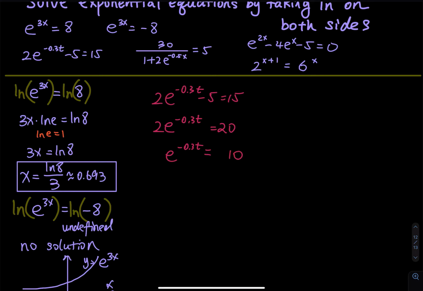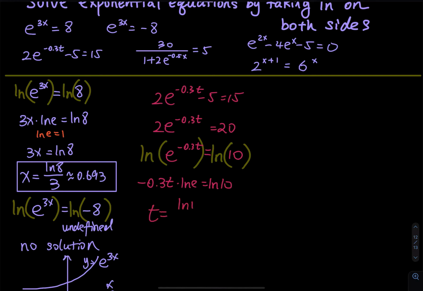Now e is isolated on one side, and then you take ln on both sides so you can bring down the t. We have -0.3t times ln e equals ln 10. ln e equals 1, then t equals ln 10 divided by -0.3.